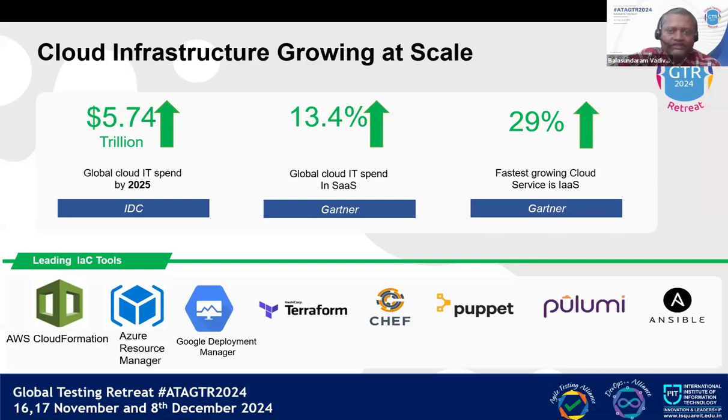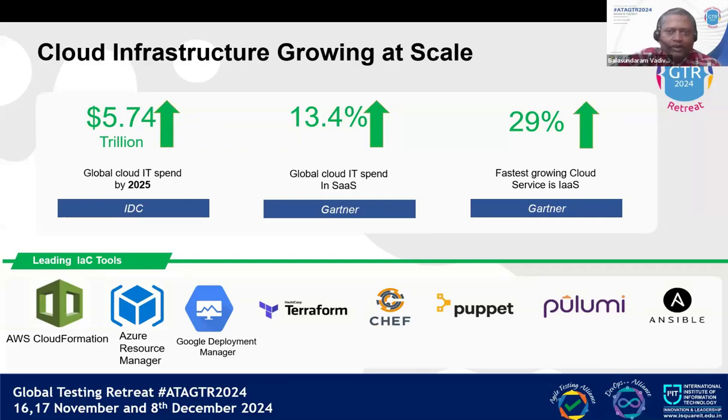Another prediction also says there is a 29% rise in infra as a code solutions on the cloud. So analysts predict, and these trends show, that there is an impact of cloud technology in modernizing business operations, digitalizing the platform, and adapting new technologies.